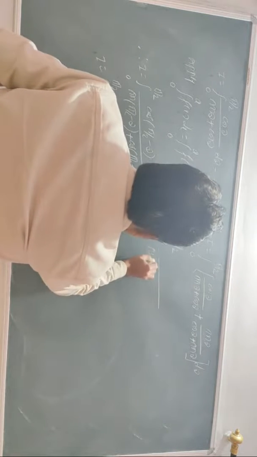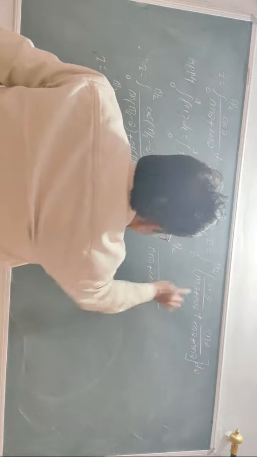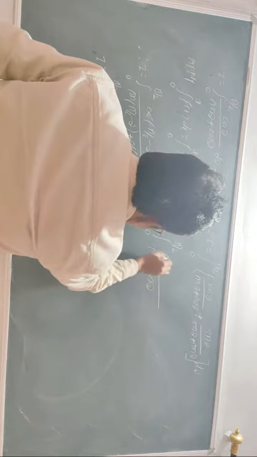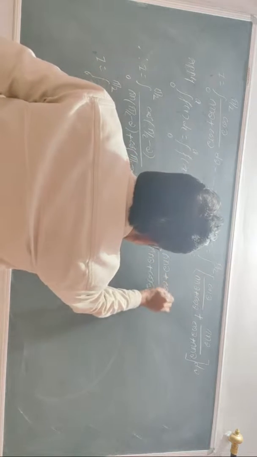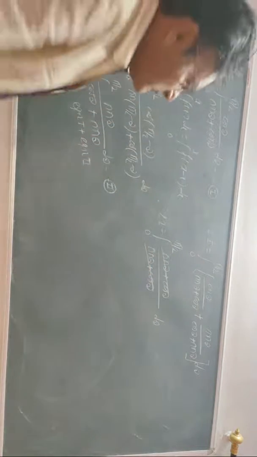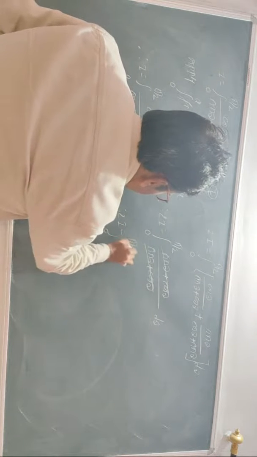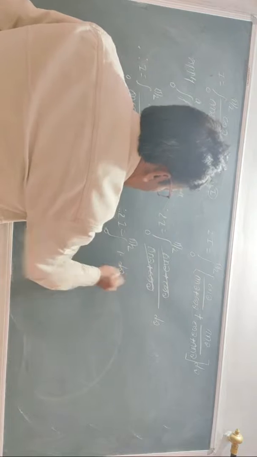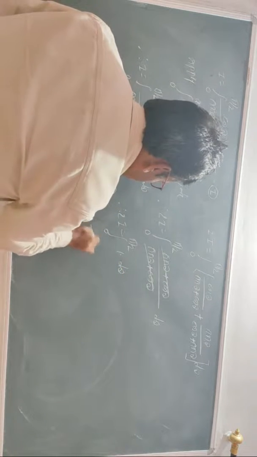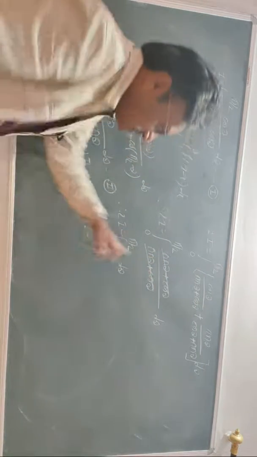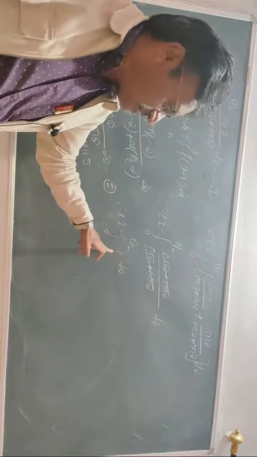So we get sin theta plus cos theta as the numerator, into d theta, over sin theta plus cos theta. Then sin theta plus cos theta gets cancelled. Therefore 2I is equal to the integration from 0 to pi by 2 of 1 into d theta.